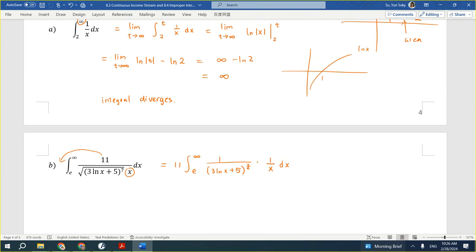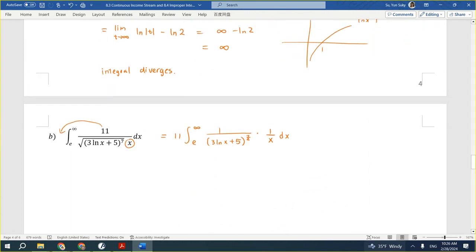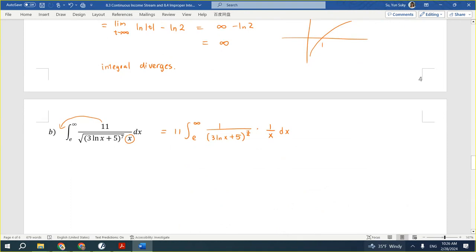And do you remember you see something like this in the exam? Because the 1 over x dx is kind of like the derivative of this. So we use u substitution. Do you remember? U substitution. This is a composite function. And so we let u be 3 ln x plus 5.